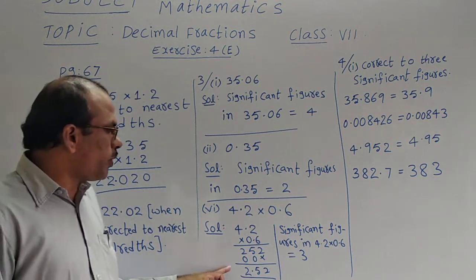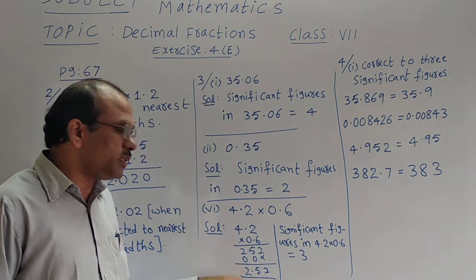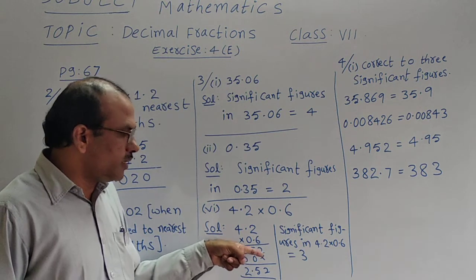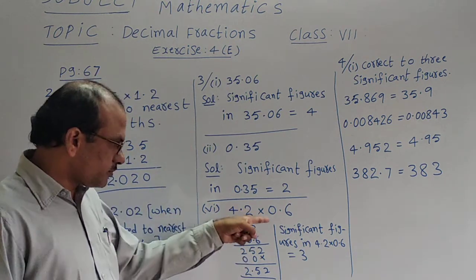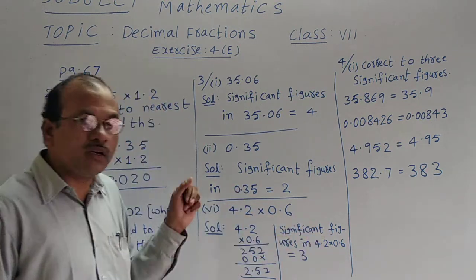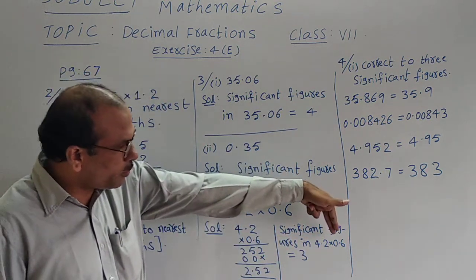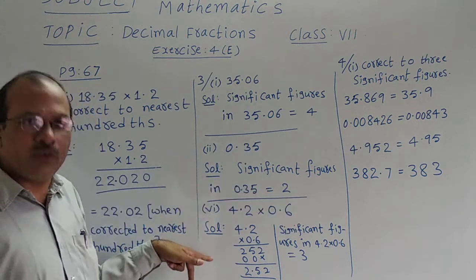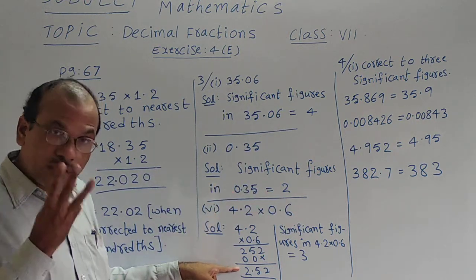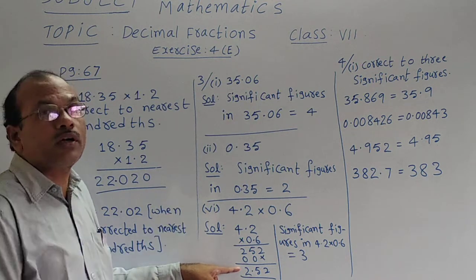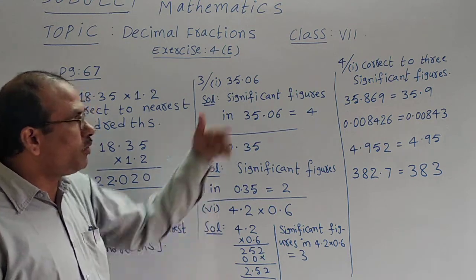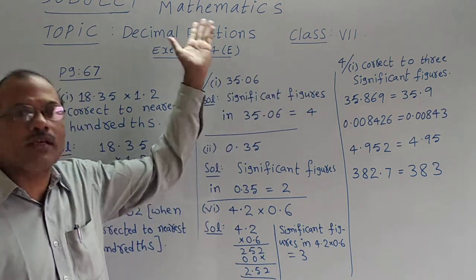So 2.52, how many digits are there in total? 3 digits. Significant figures in the product of 4.2 into 0.6 is equal to 3. Am I correct?